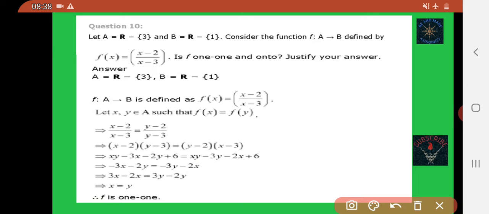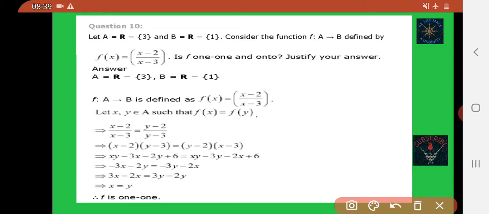Now you cancel 6 from both sides, and then xy from both sides, then you get minus 3x minus 2y is equal to minus 3y minus 2x.